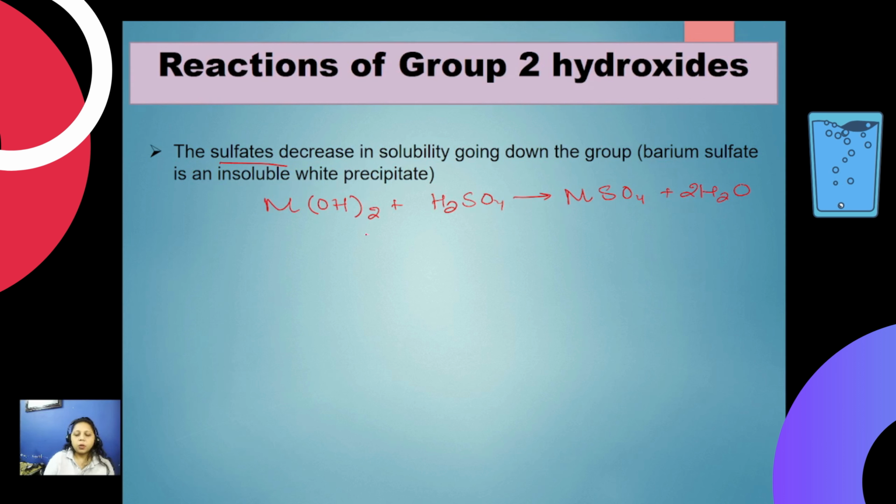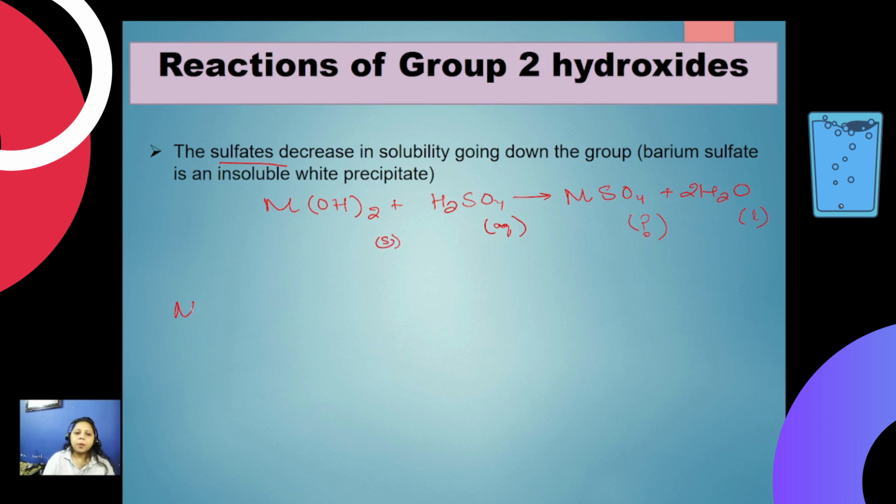Okay, so this metal hydroxide is solid. This sulfuric acid is aqueous. The sulfate depends upon the solubility, and this water is liquid. Simple. Now we won't take the example of calcium and strontium over here. We are going to take the example of magnesium and barium.